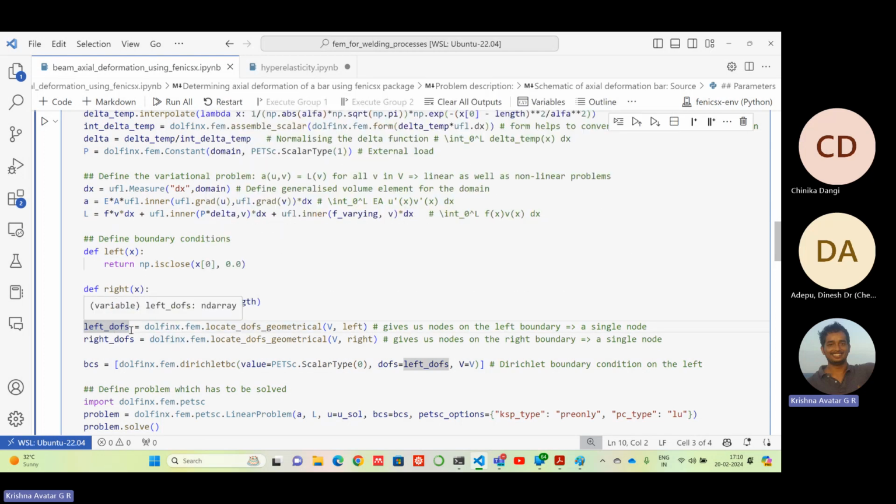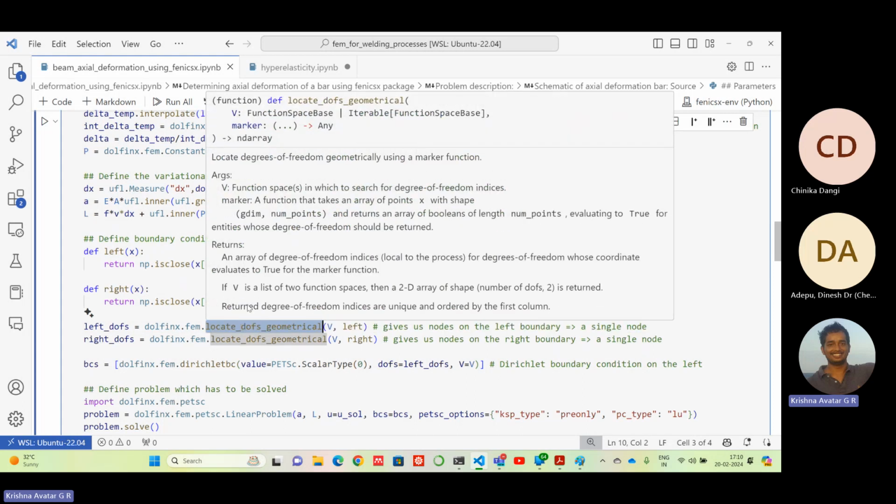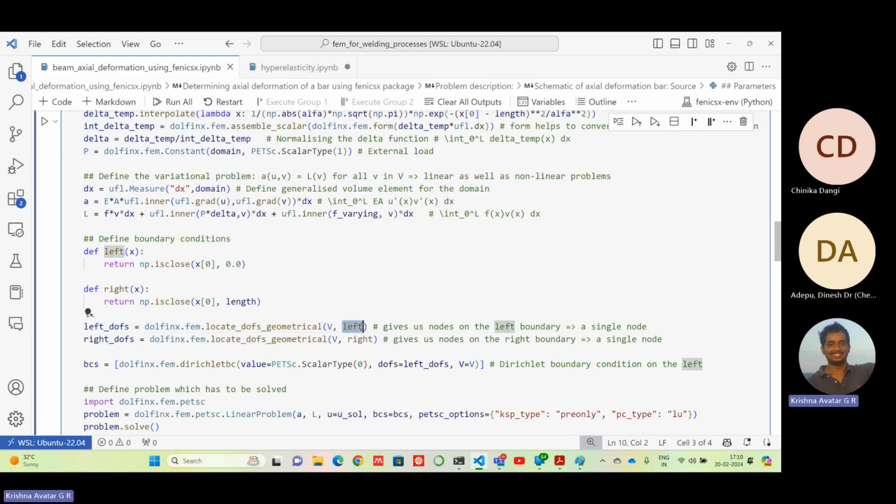Since degrees of freedom are part of the FEM framework, we'll be using the dolfinx package, dolfinx.fem.locate_dofs_geometrical. This is the function name. As per the documentation, it locates degrees of freedom geometrically using a marker function. The marker function, in this case, is left.